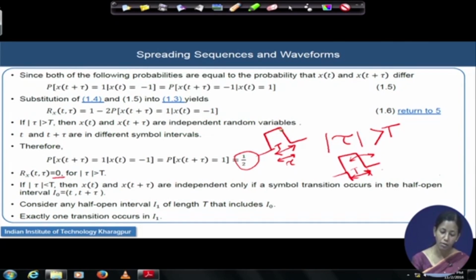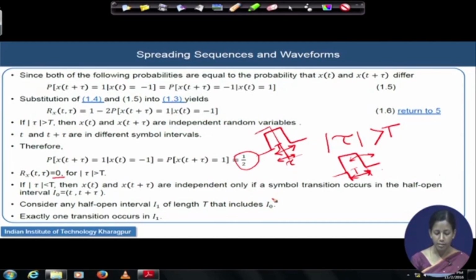It may happen only if there is some transition. The way the delay has happened, by that time the transmitted symbol had a transition. The delay was less than capital T, but a transition already happened within the symbol period. So in that situation, x(t) and x(t+τ) are again uncorrelated.